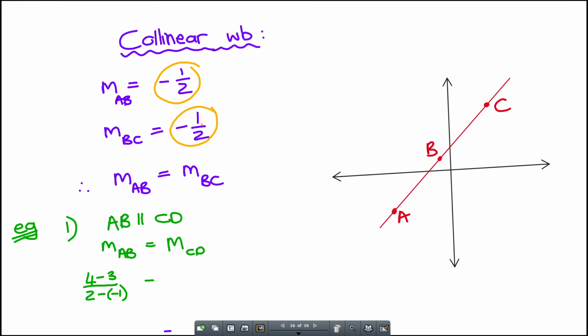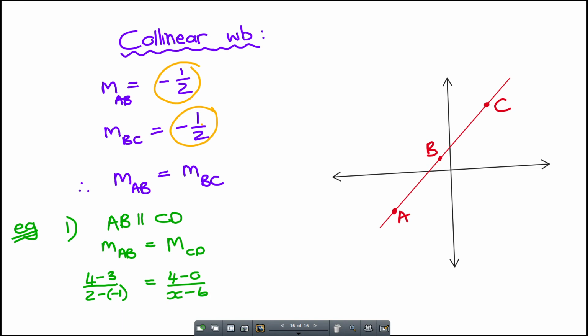En ek maak dit gelyk aan. On the right hand side, we want the gradient of CD. So gaan kyk nou vir my na die punte van CD. At the top, we want the difference in the y values. So ek gaan sê 4 minus 0. And at the bottom, we want the difference in the x values. So x minus 6. Goed.